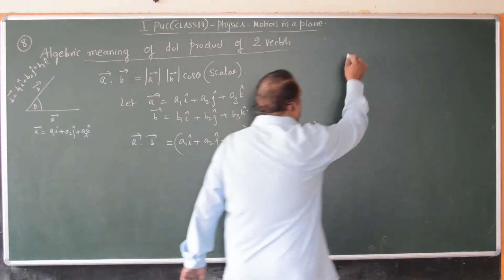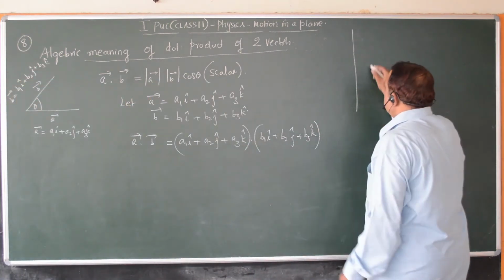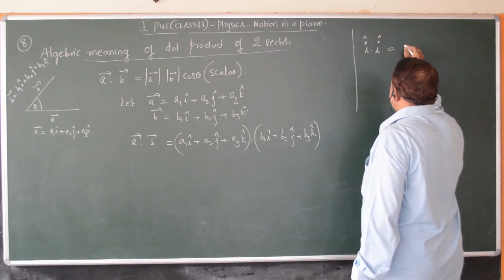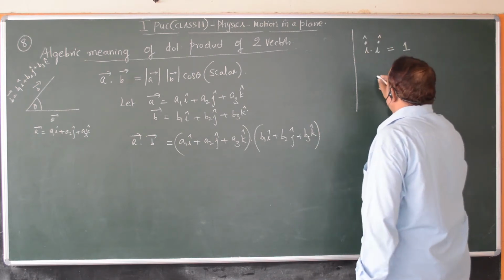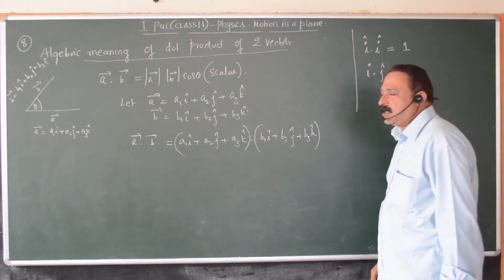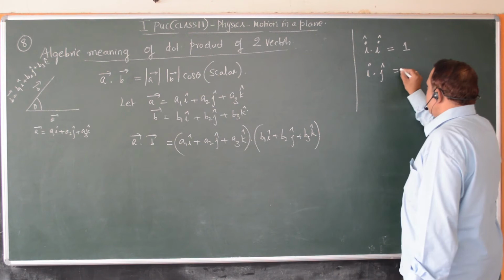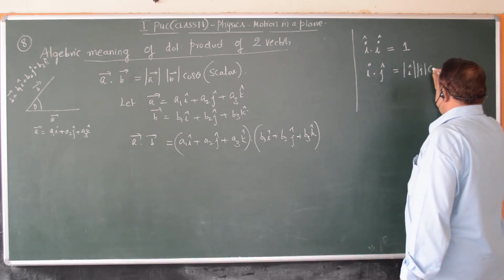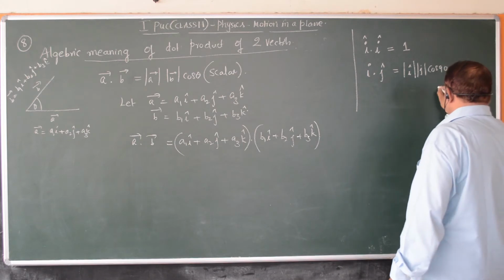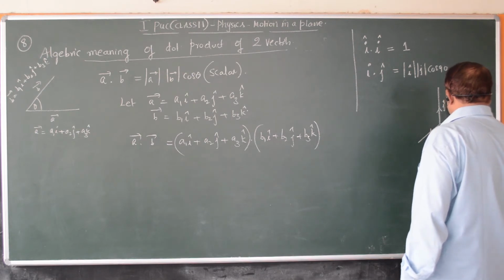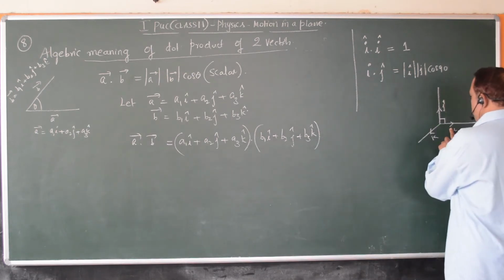Now, in order to simplify this, we should know that the dot product of two similar vectors is 1, and the dot product of two dissimilar vectors, let's take vector i and vector j, is magnitude of i into magnitude of j into cos 90, because i is perpendicular to j.